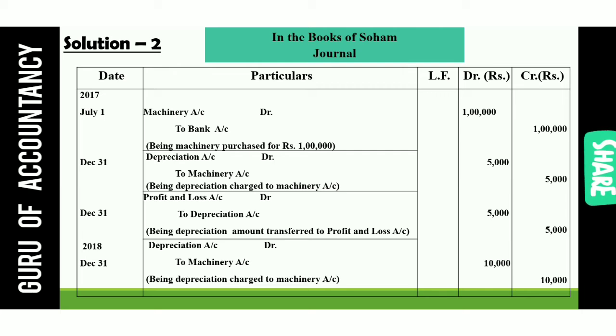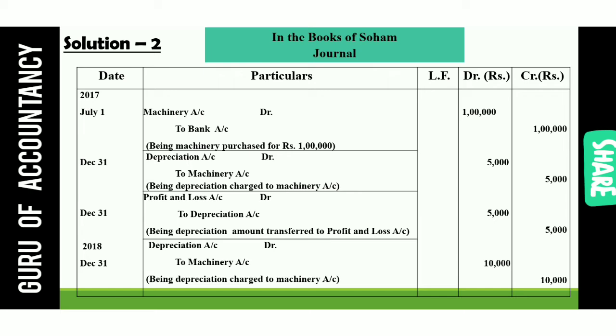On December 31st, 2017, your entry would be depreciation account debit to machinery account rupees 5,000 because the rate of depreciation is 10%. So 10% of 1 lakh is 10,000, but it is only for 6 months because in 2017 this machinery was purchased on 1st July. So from 1st July to December 31st, 6 months, and for 6 months depreciation would be rupees 5,000.